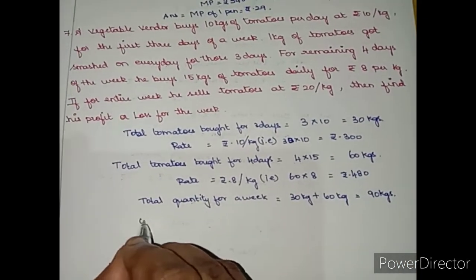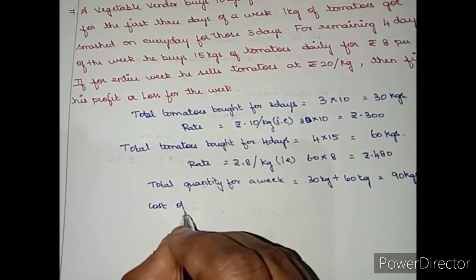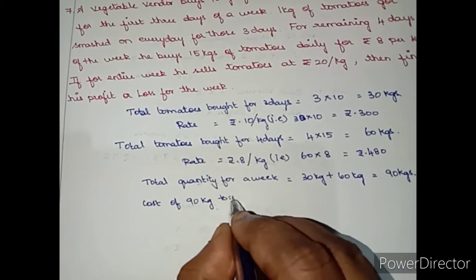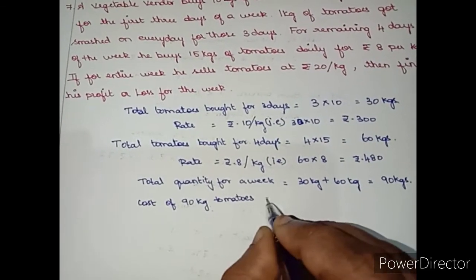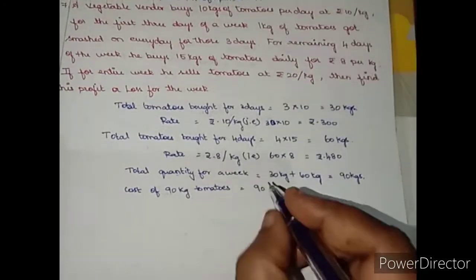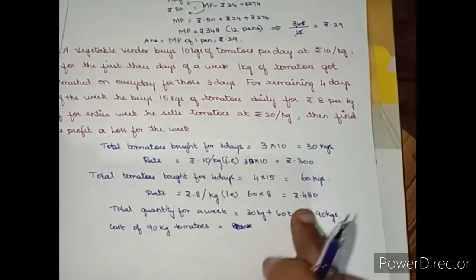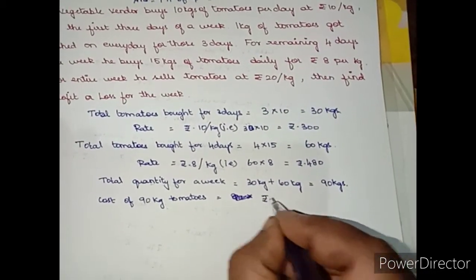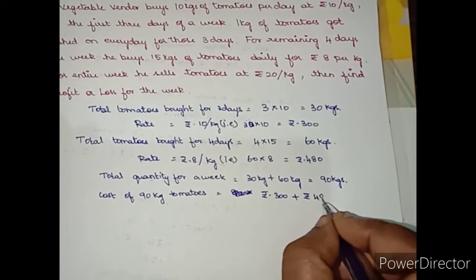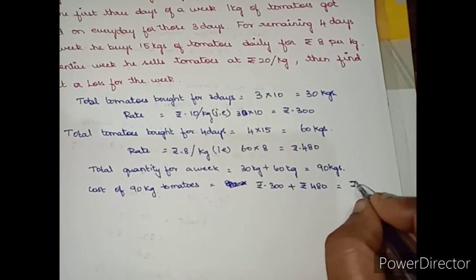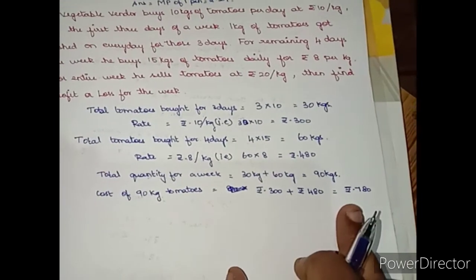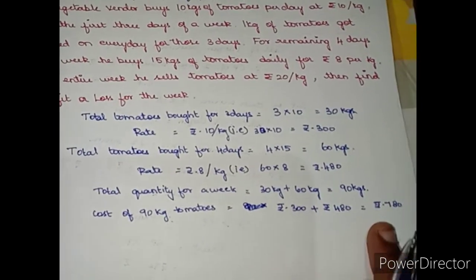And the cost of 90 kg is equal to, so what is the total? 300 plus rupees 480. So it is rupees 780. So 90 kgs tomato, it is rupees 780 rupees.